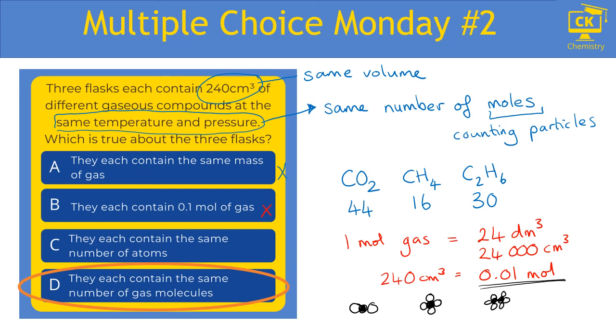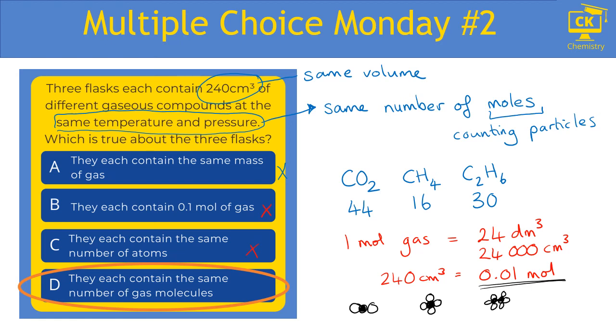So 1 mole of CO2 will contain 3 moles of atoms if I was to count individual atoms. 1 mole of CH4 would contain 5 moles of atoms, because there are 5 atoms per molecule of CH4, and 1 mole of C2H6 would contain 8 moles of individual atoms. Normally we don't count individual atoms, that's why we use moles to talk about numbers of particles, because the atoms are joined together in a compound. So that is why C is wrong.